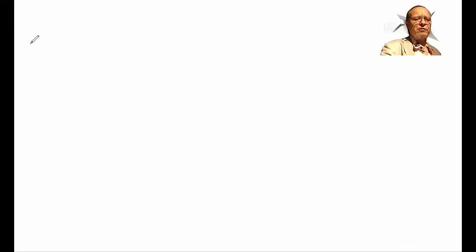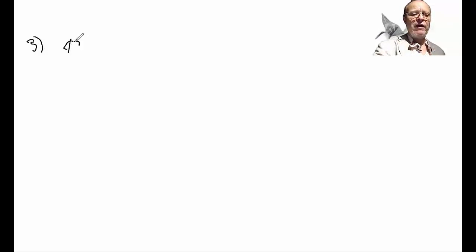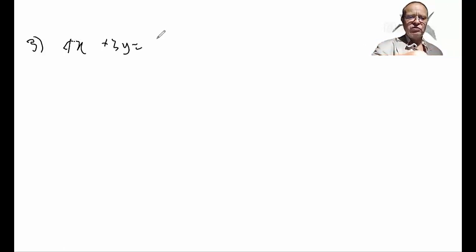As an example number 3, you have to multiply both equations by something in order to get one of the variables to drop out. So in this case, we have 4x plus 3y is equal to 8.